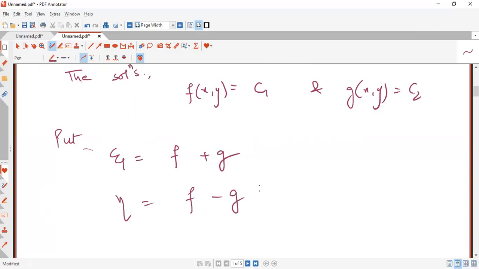For removing this iota, I'm dividing here by 2 so that my function will remain as f only, and here I'll divide by 2 iota. That's it. All right.